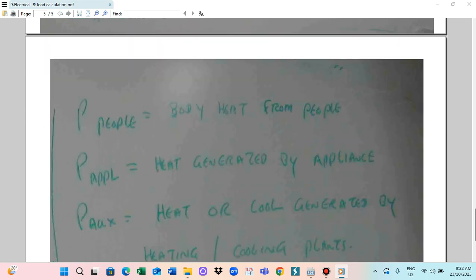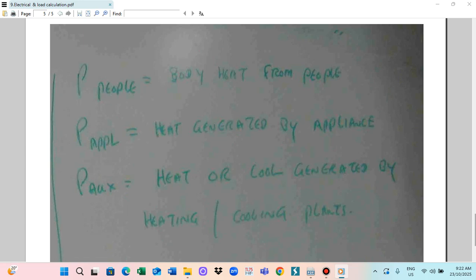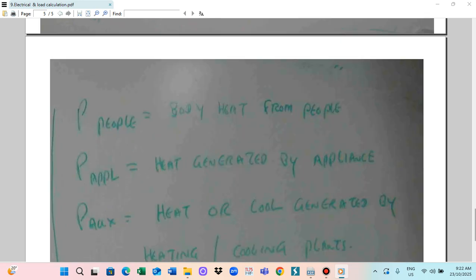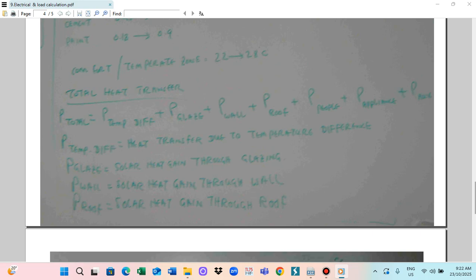Here P people equals body heat from the people, P appliance is the heat generated by the appliances, and P auxiliary is the heat or cooling generated by the heating or cooling plant. Those things have to be combined, then you can calculate the total heat transfer.